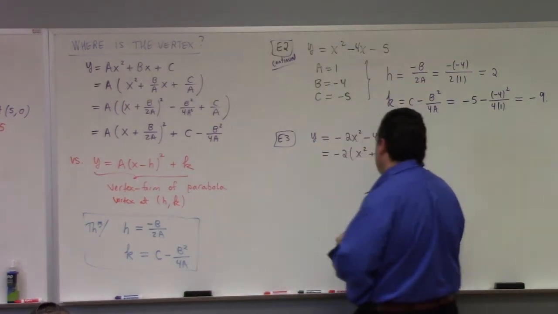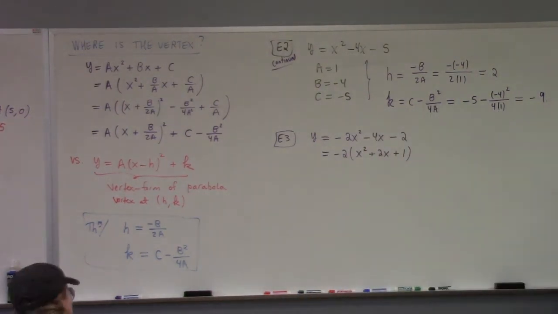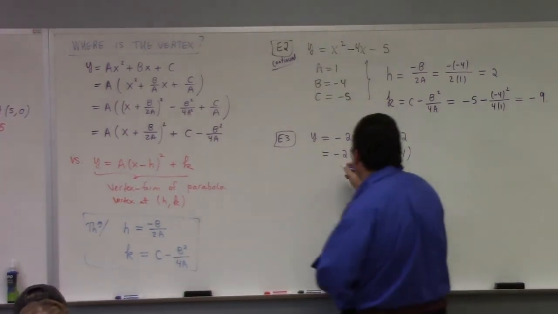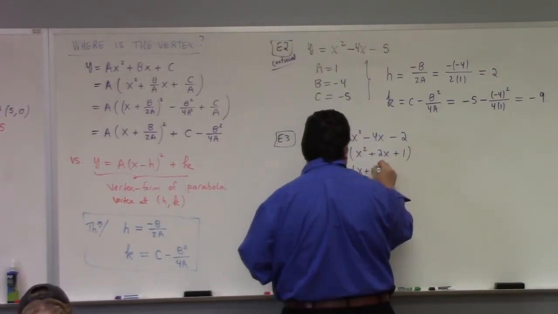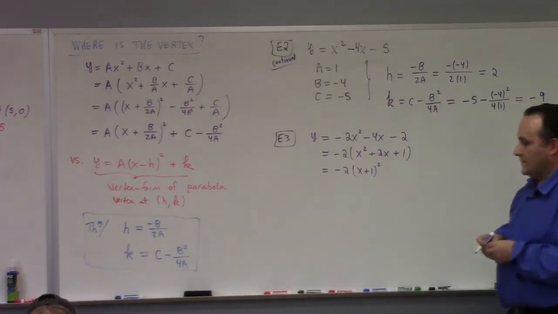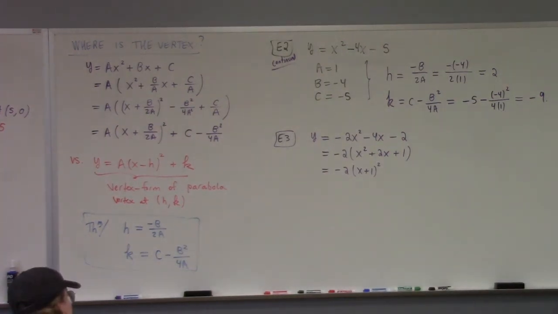So I factor out a minus 2. And maybe I don't need to complete the square. I mean, completing the square and factoring are the same thing here. Can you guys factor that? What is it?